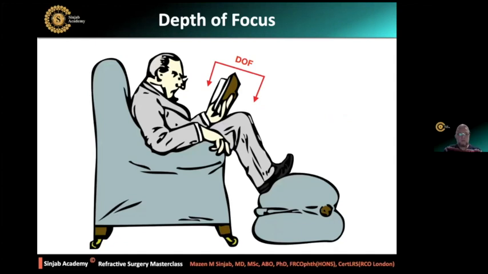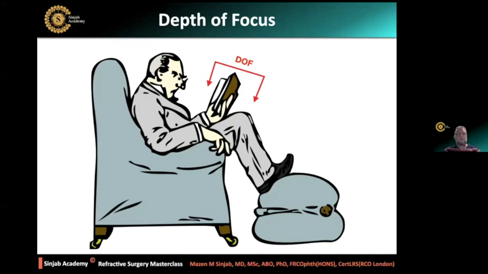The depth of focus, as you see, let's assume that this old gentleman has no accommodation at all. And he uses reading glasses to read at this distance. For example, if he uses plus 2.50 diopters to read at this distance, okay?